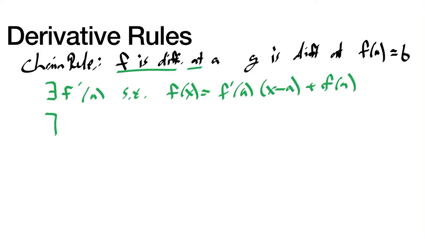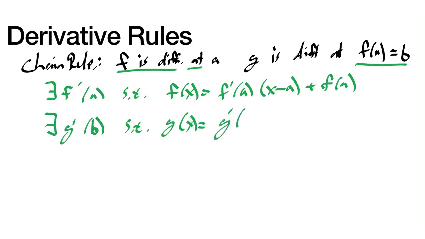Okay, so similarly, there exists a g prime of b, where I'm going to let b equal f of a, such that g of x equals g prime of b times x minus b plus g of b.